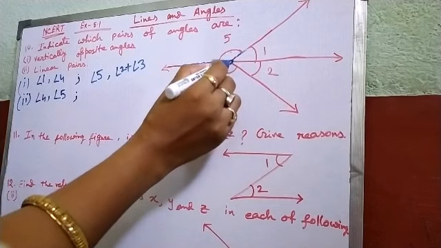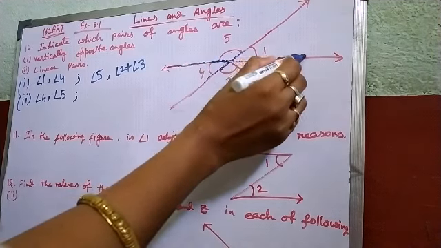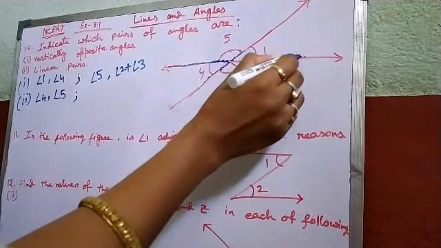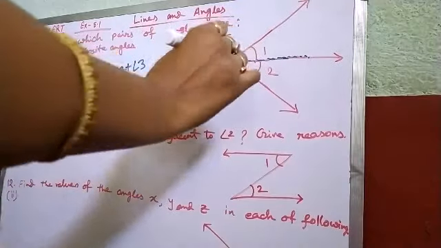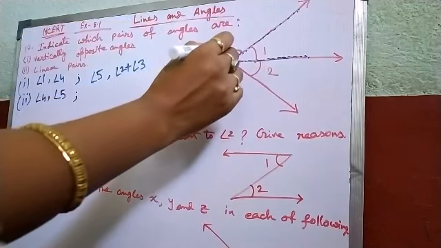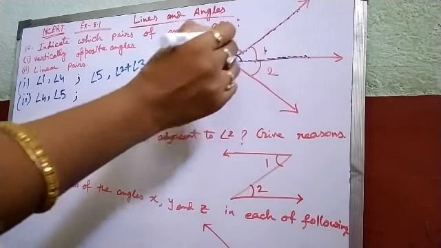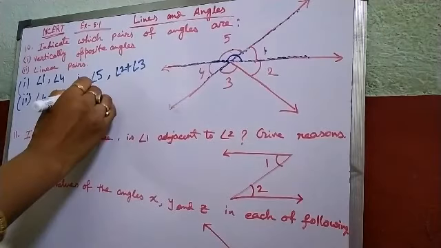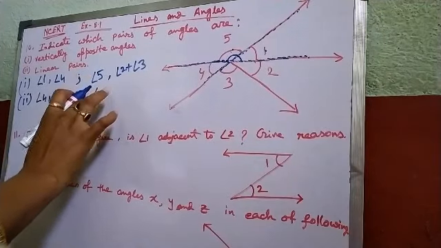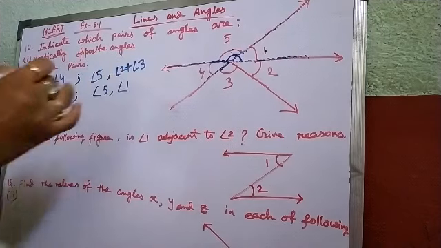Next, if we take this line, then this is the ray. By this ray two angles are formed, that is angle 5 and angle 1. So this is also a linear pair of angles, angle 5 and angle 1.